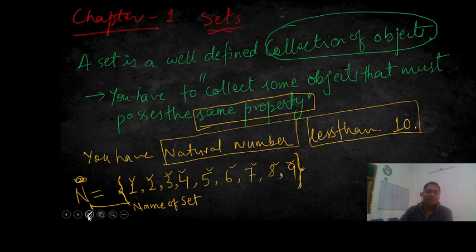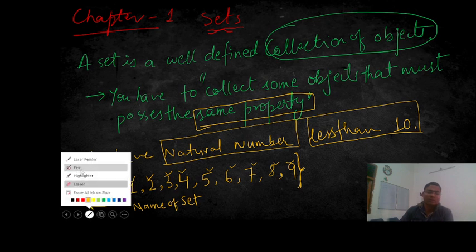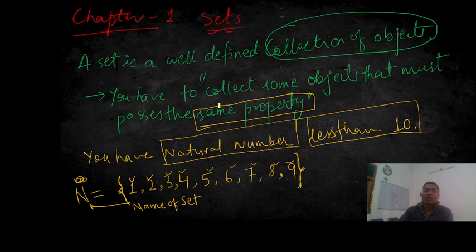So I have already explained this. Take a quick recap. What is a set? A set is a well-defined collection of objects. You have to collect some objects, but those objects must not be selected randomly. Those objects must have the same property.